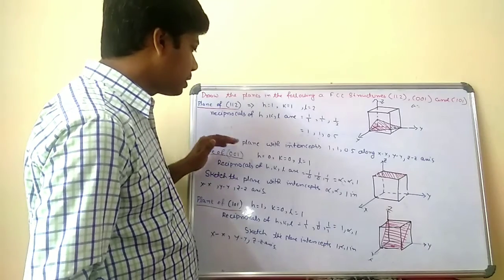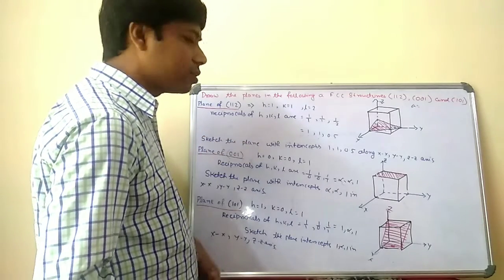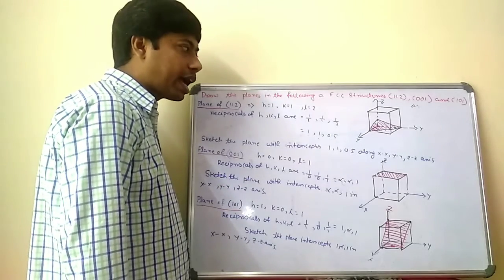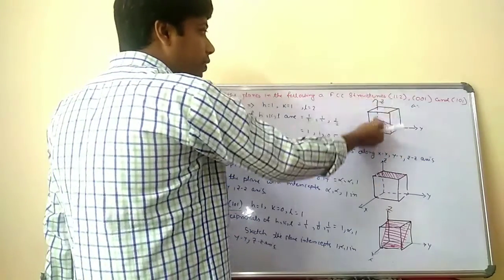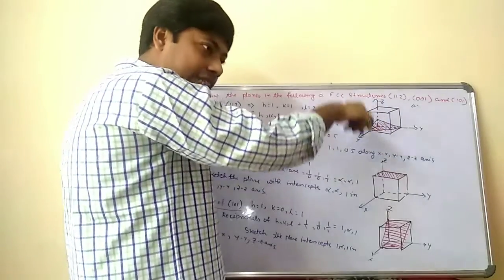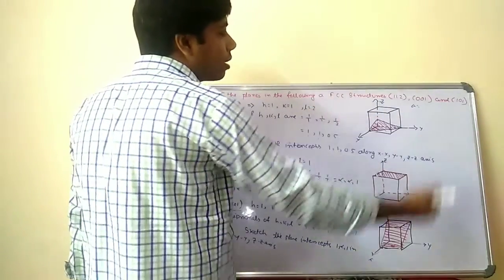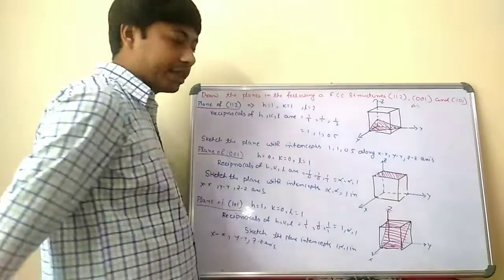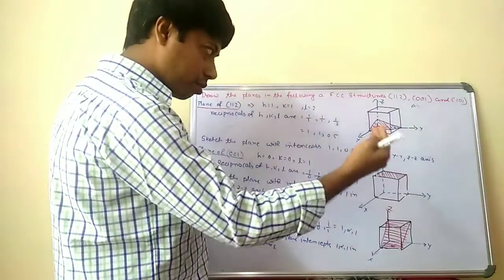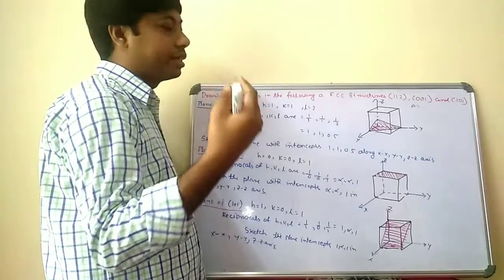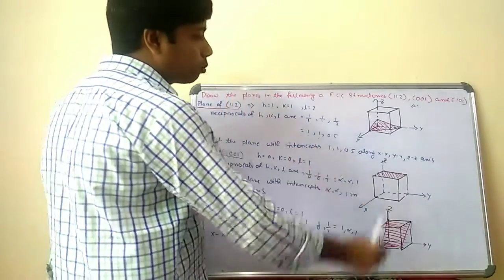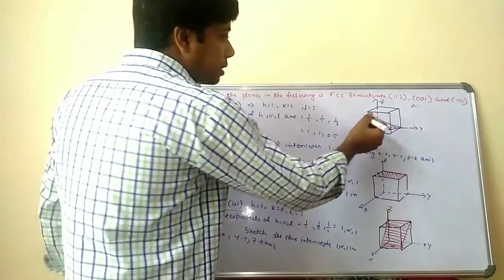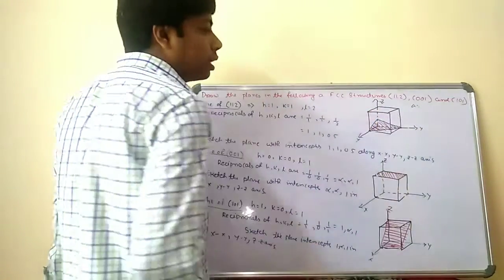So sketch the plane with intercept 1 comma 1 comma 0.5 along the x, y and z axis. That means the z in the downward direction is the negative z direction, the positive x is in this direction, and that will be the negative x direction. So this is the positive y, this is the negative y direction. Now if you draw the intercept point 1 comma 1 comma 0.5 along the x, y and z axis, as you know, here a is equal on each side.